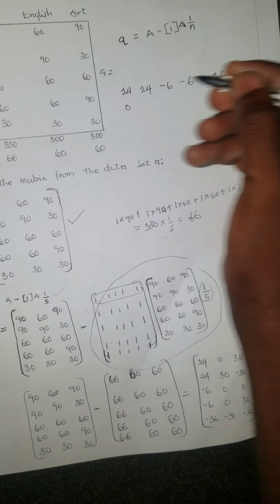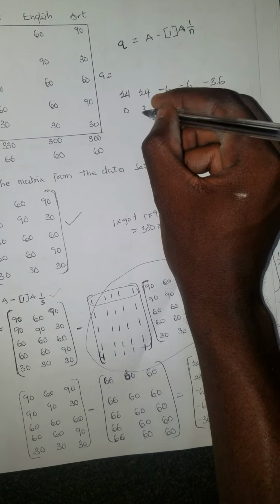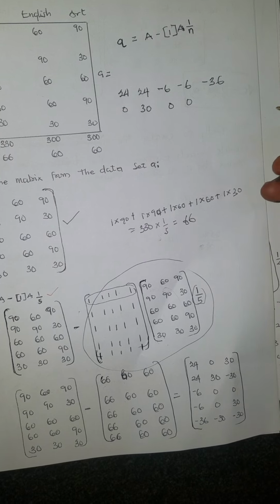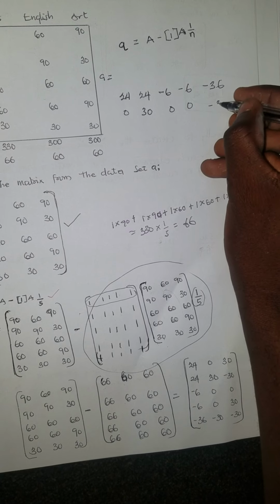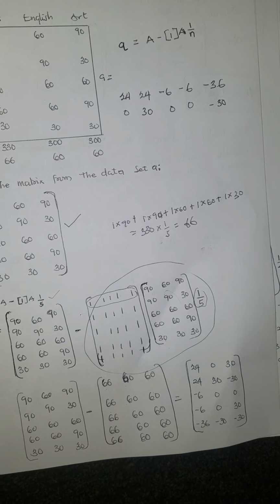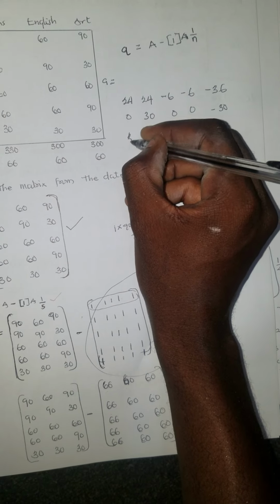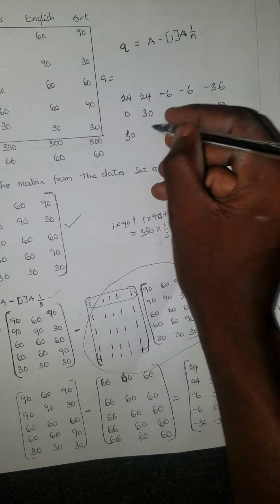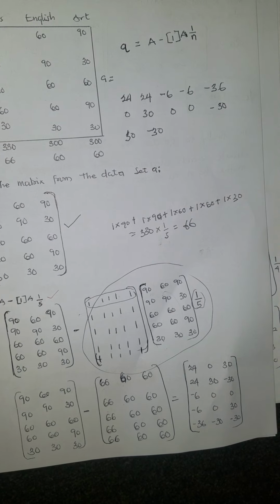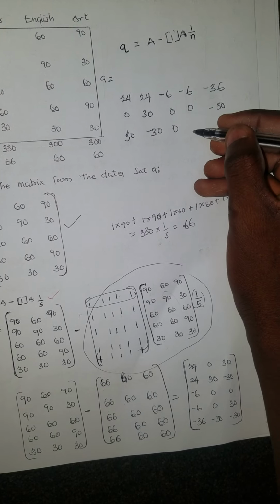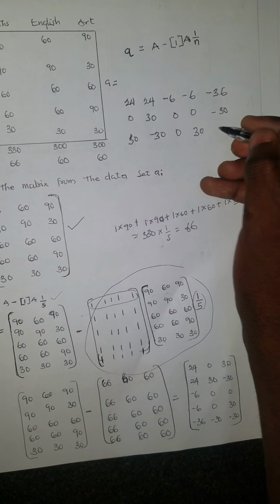Then we have 0, 0, 0, minus 30. Then we have 30, minus 30, 0, 0, 0, 30, minus 30.